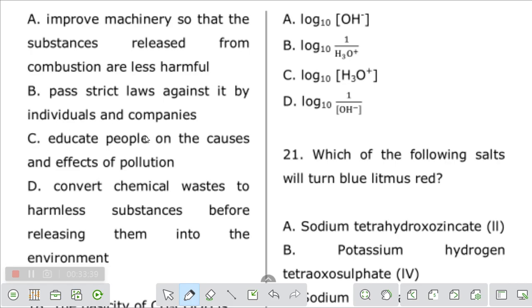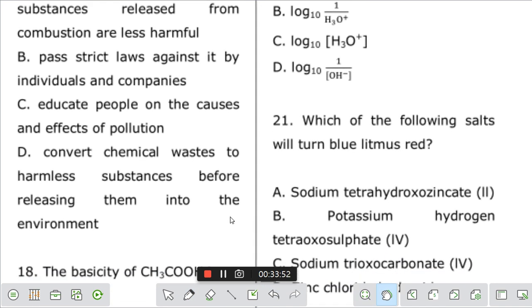Option C, educate people on the causes and effects of pollution. Option D, convert chemical waste to harmless substances before releasing them into the environment. So what do you think will be the answer?